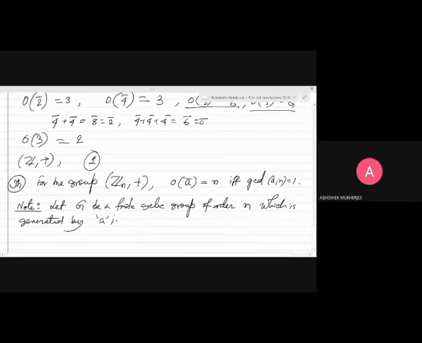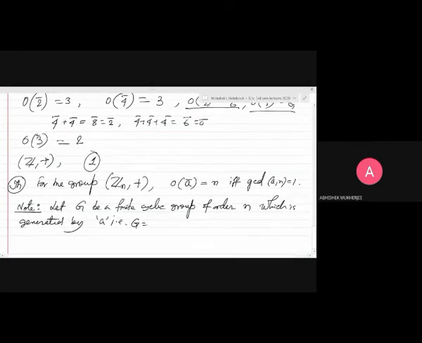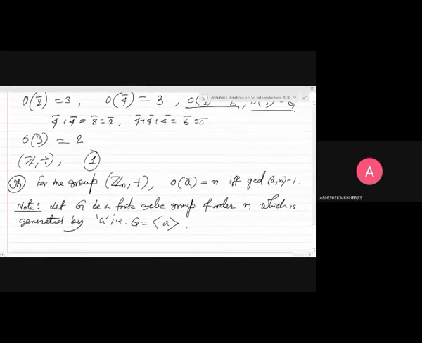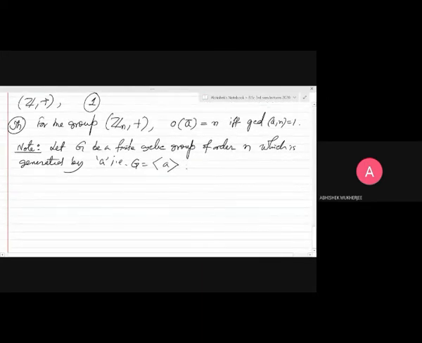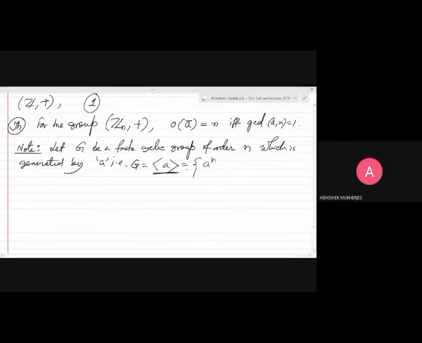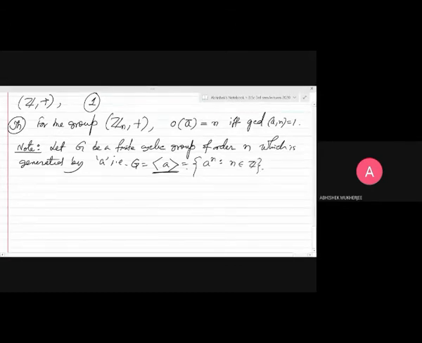That means G is the cyclic subgroup generated by a, and in general, we have seen that this cyclic subgroup looks like a to the power n, where n belongs to Z. But being a finite cyclic group, it is of great interest to us.